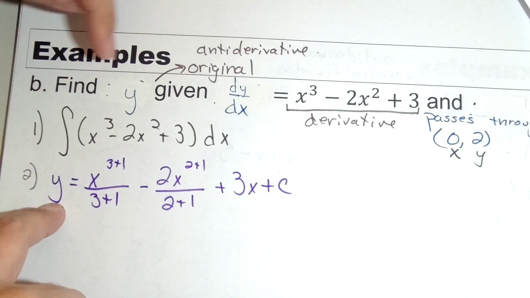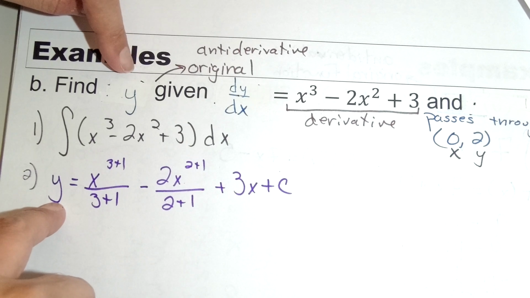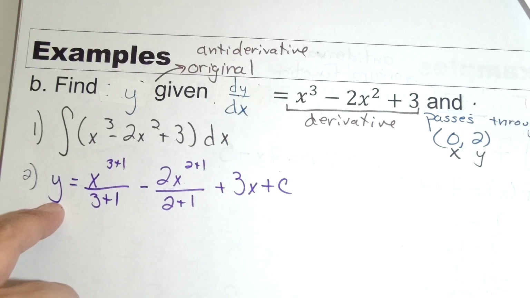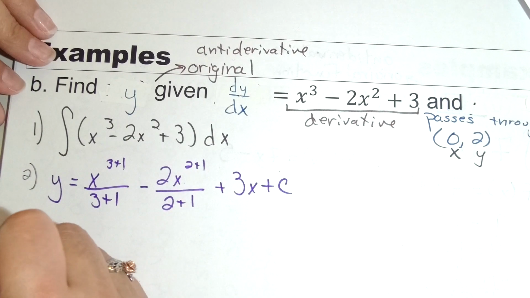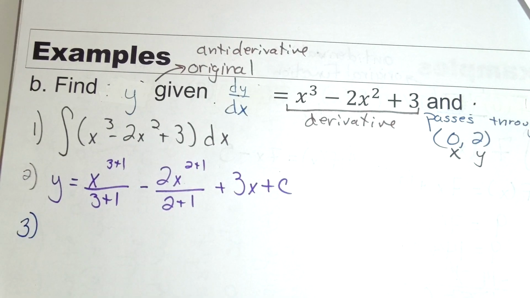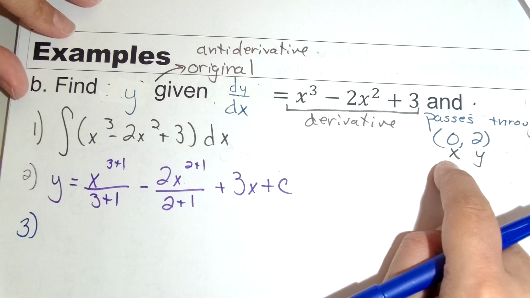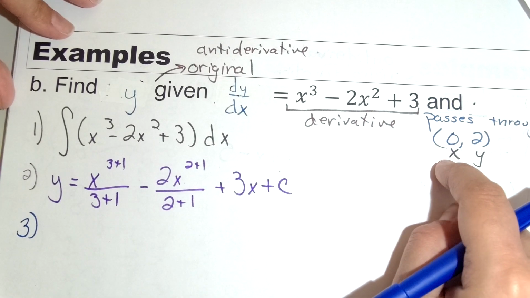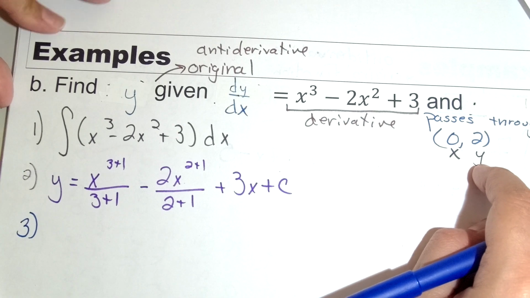Again, I used y equals because it's telling me to find y, not f of x. Step 3. I need to substitute in the given values for c. So I'm going to substitute in x for every x and 2 for the only y.